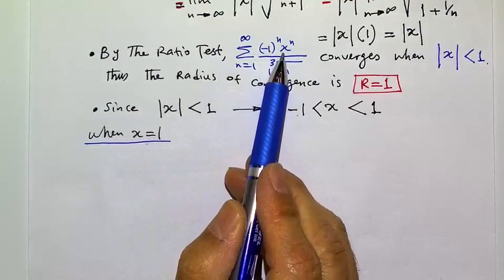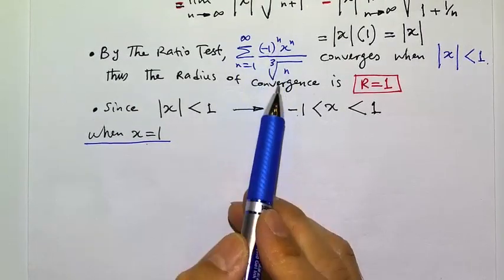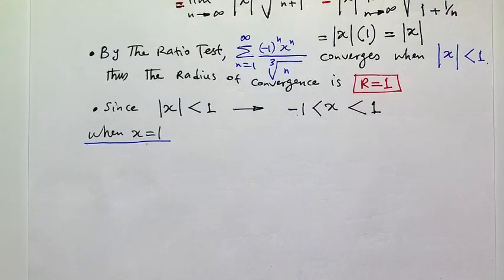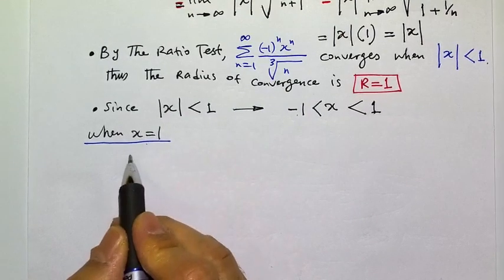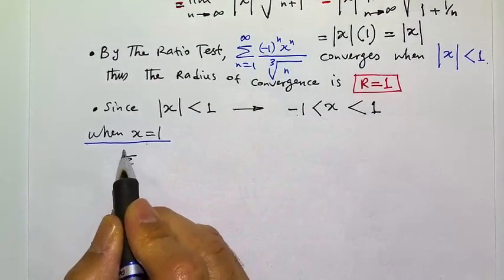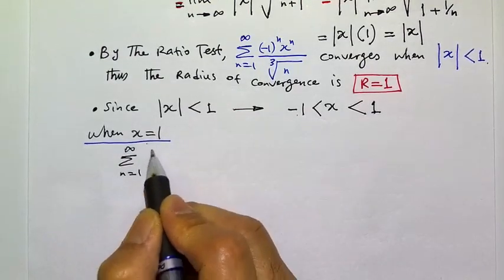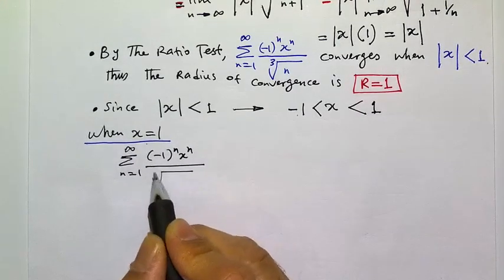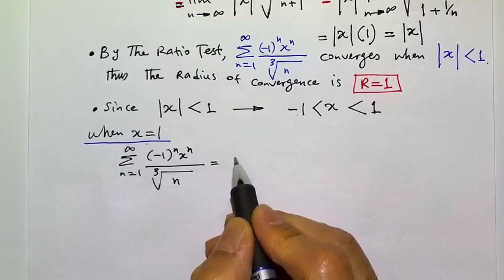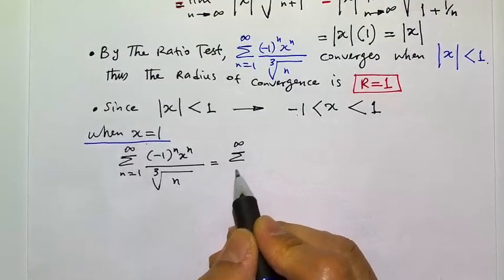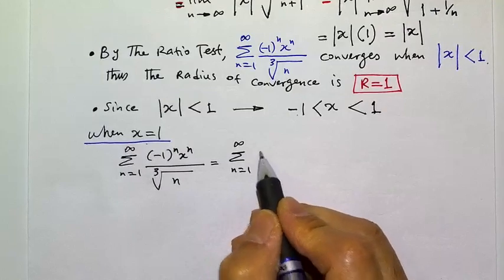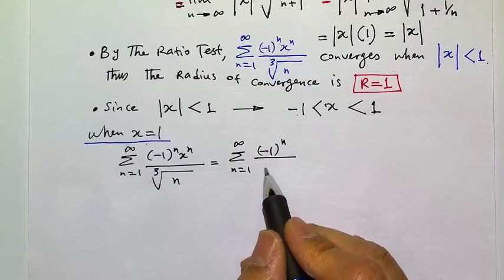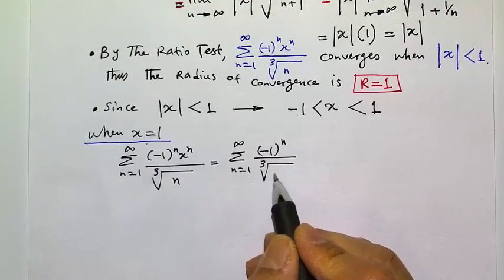Okay, so in this case, when x equals 1, this is our series, right? When x equals 1, this will reduce to (-1)^n divided by the third root of n. So let's write that down. When x equals 1, our series becomes this one: the sum from n equals 1 of (-1)^n, because x is just 1, divided by the third root of n.